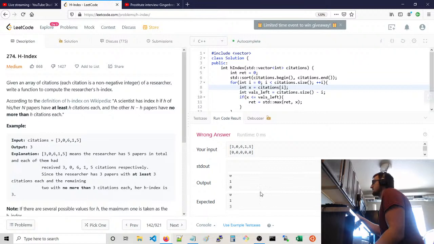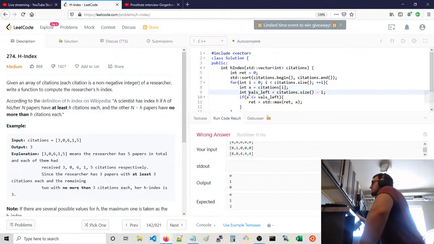Wrong answer. Nice. 3010. Okay, we sorted. We said, okay, look at the value x, the amount. We're going to say the number of values left, so 0, 1, 2, 3, 4, 5.